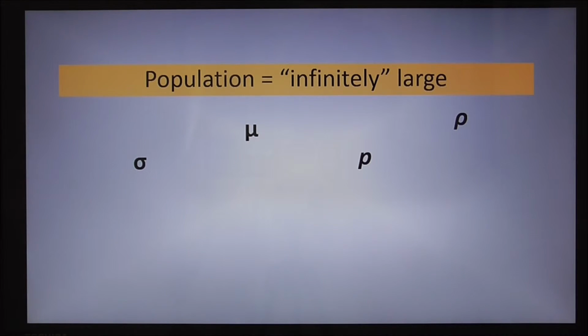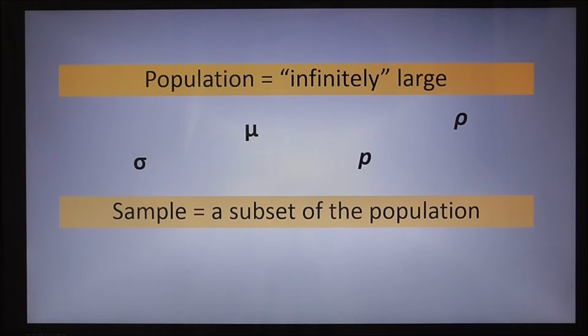Okay, so let's look at some samples. Samples are a subset of the population, and samples have these things that we can calculate called sample statistics. So, what's the main difference between population parameters and sample statistics?